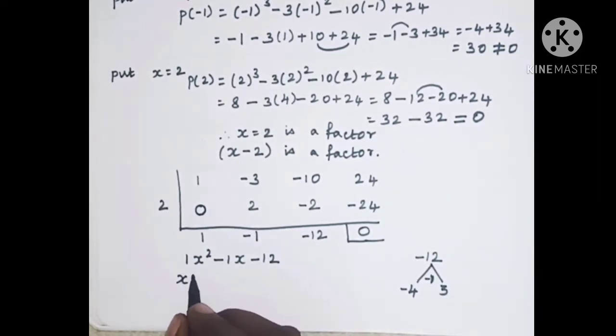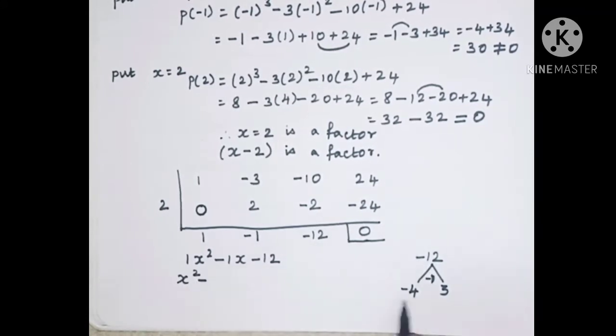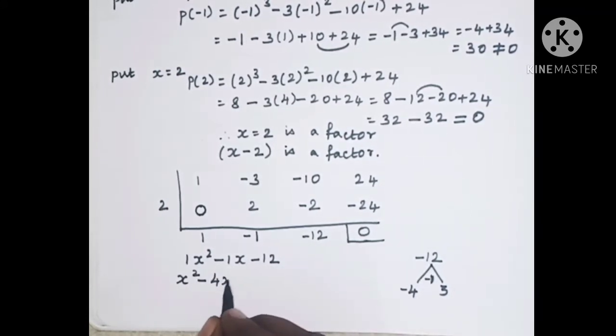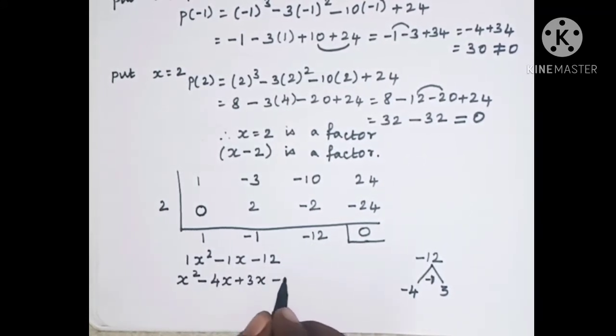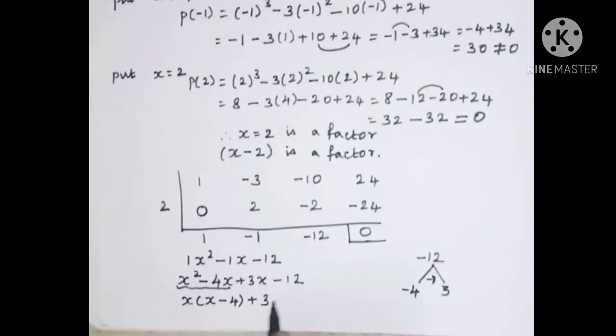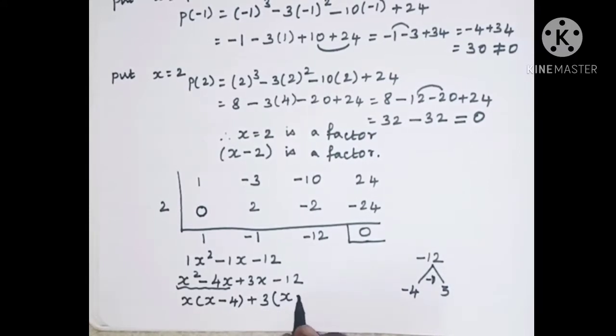Therefore, x square, we have to substitute minus 4x plus 3x minus 12. So splitting the first two terms, we will get the common variable x taken outside. So this is x minus 4 plus 3 into, here the common number is x. 3 is the common term in both the terms. 3 into x, 3x, 3 fours are 12.